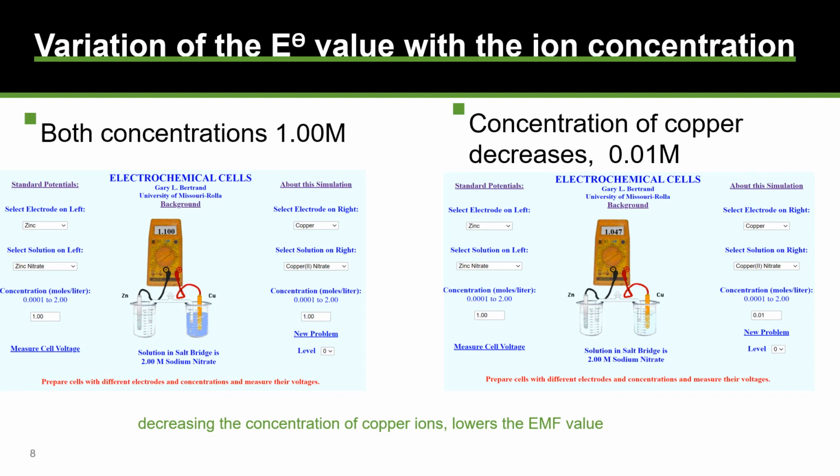When we decrease the concentration of copper to 0.01 molar, represented in the picture on the right, the electromotive force for the cell has a total of 1.047, because the copper electrode will reduce the value to 0.287 instead of 0.34.